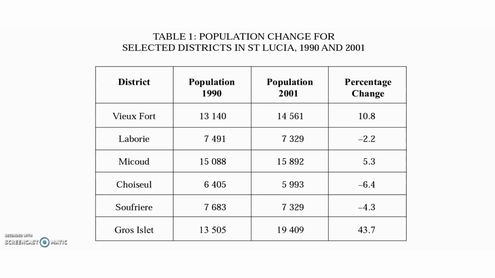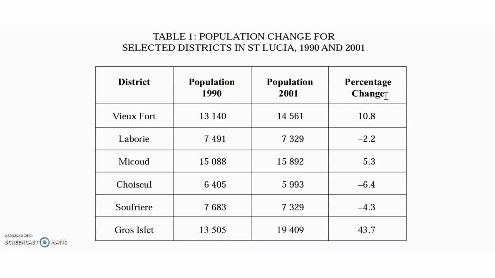Table 1, basically, take approximately 1 minute and observe the table. You are seeing selected districts in St. Lucia for that same period. We have Vieux Fort, Labrie, Micoud, Choiseul, Soufrière, as well as Gros-Islet. We are seeing here the population for the year 1990, for the year 2001, as well as the change in the population.